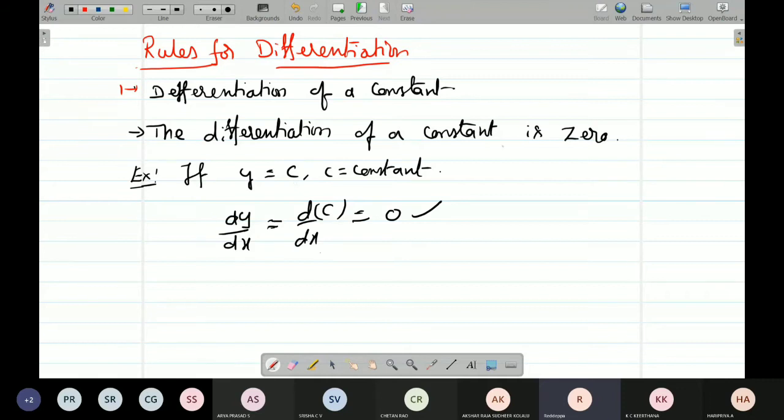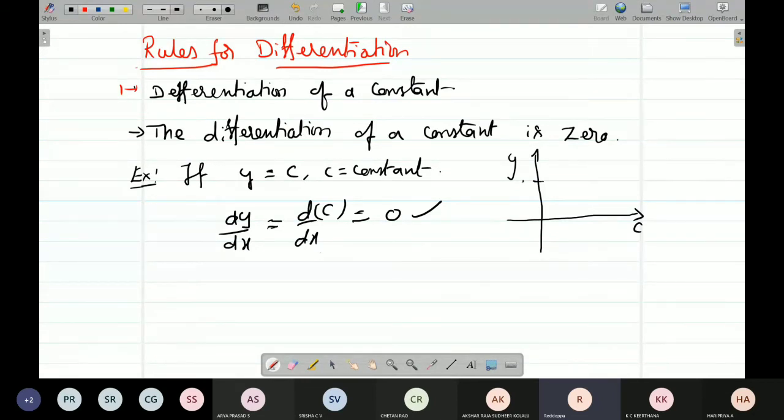Let us take a small graph to give you the meaning of this. This is y, this is c. c can be any constant value: 2, 3, 4, 10, 20, or any value. Let us say y is equal to some fixed value c. The horizontal axis is x.